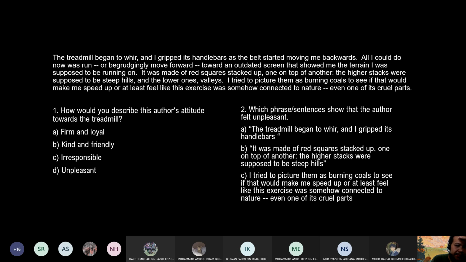It is quite challenging for some because they do not directly use the word. You need to make an inference. For question number one, you can just conclude from the first few lines.